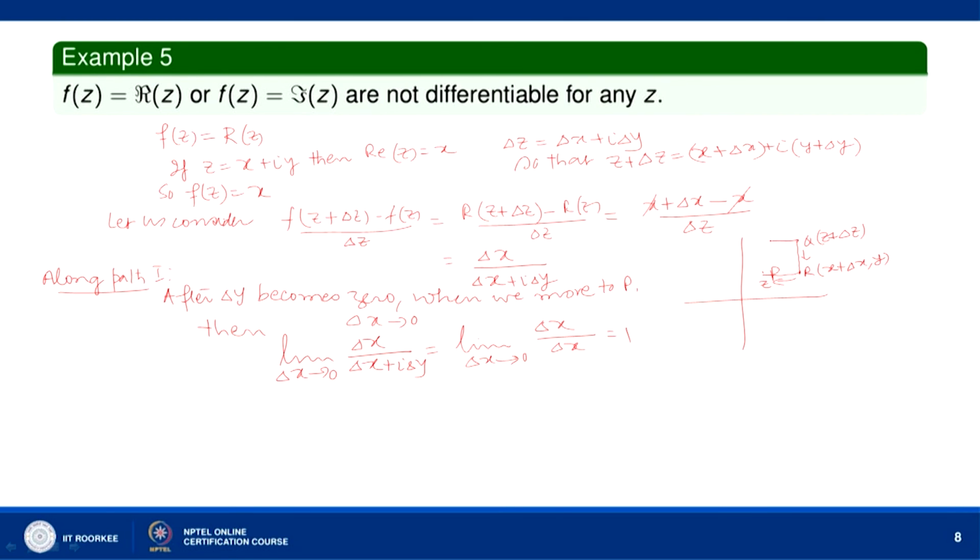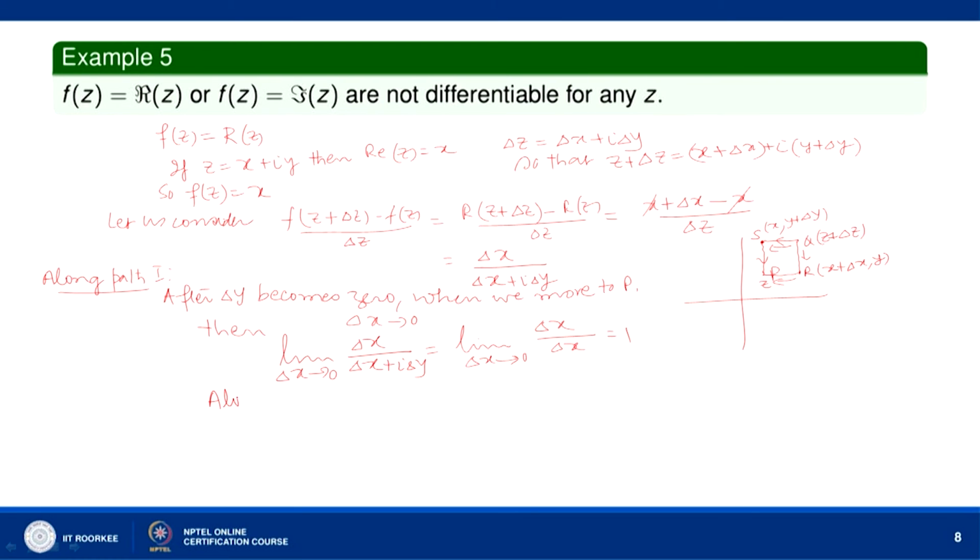And when we move along path 2, after delta x has become 0, we reach this point S. The coordinates of this are x, y plus delta y. So, then delta y will tend to 0.